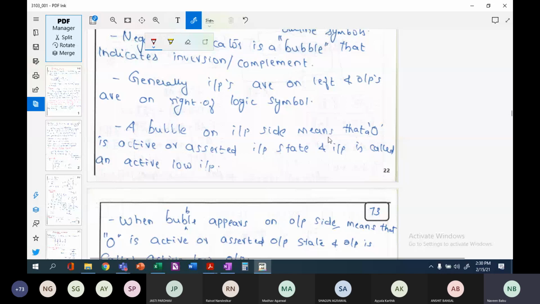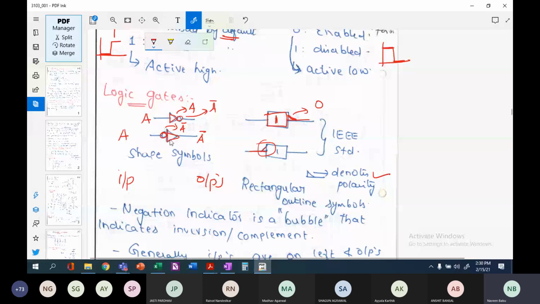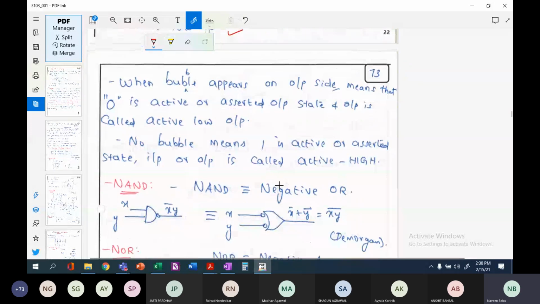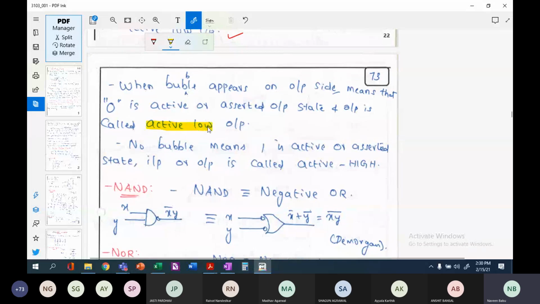A bubble on the input side means that a 0 is active, or the asserted input state, and the input is called an active low input. So if you have a 0 here, where your input is A bar, it means that it is an active low input. Similarly, if a bubble is on the output side, we call that an active low output. If there is no bubble, it means that 1 is active.